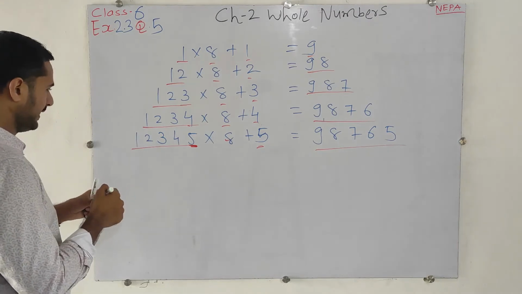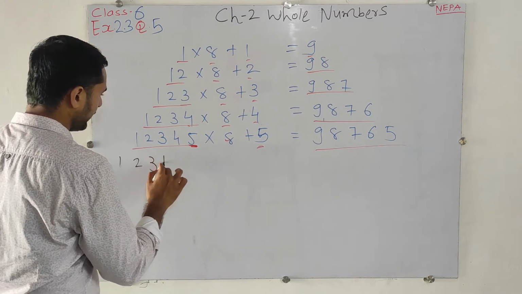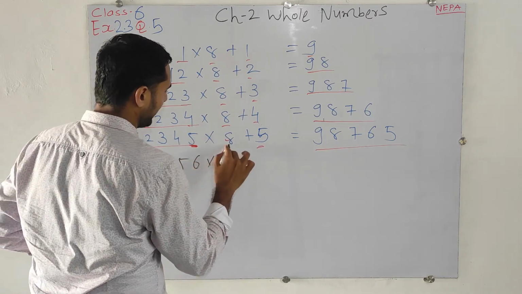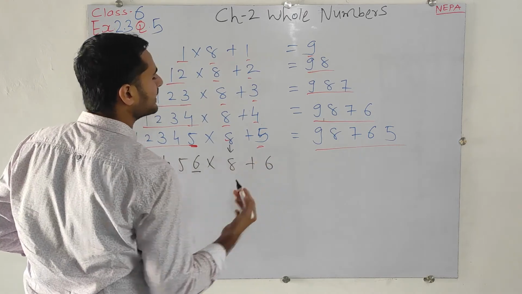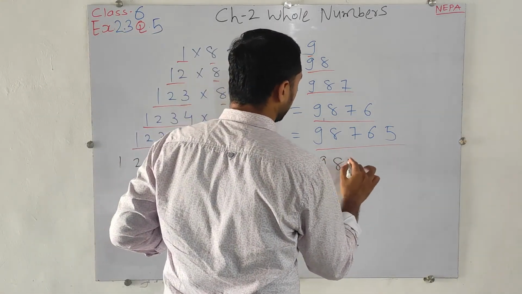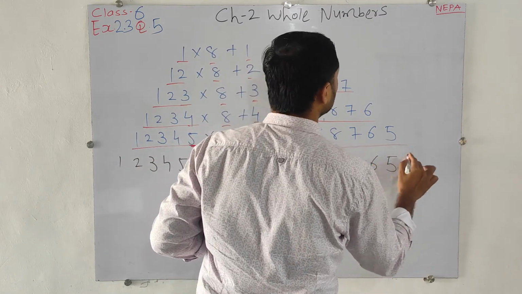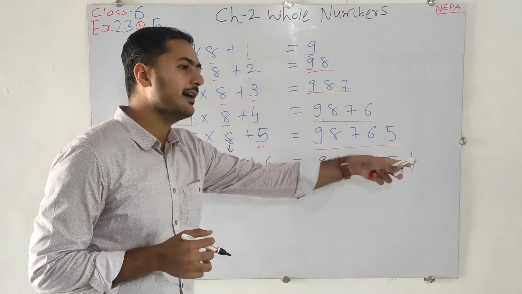If I start here, that will be 123456 multiplied by 8 as it is, plus 6, because here is 6, I will write 6. Done. Now it equals 98765, and we have to decrease our number after 5, that's 4.